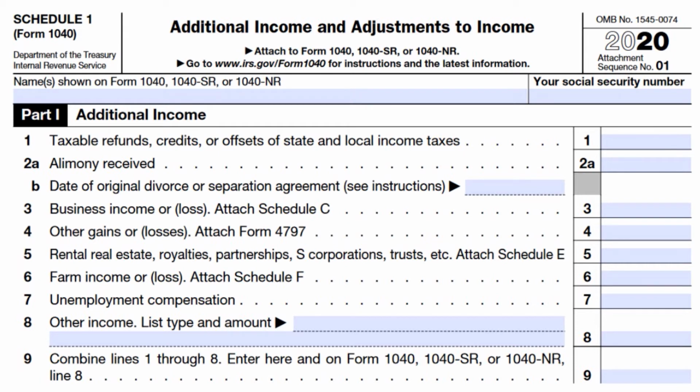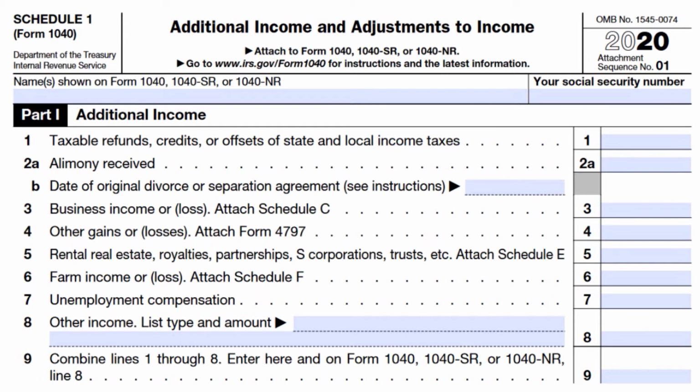Business income or loss. Gains or loss from the sale or trade of business property, including real estate. Rental income, royalty payments, trust income, and income from a partnership or S corporation. You also report on Schedule 1 farm income and unemployment benefits.